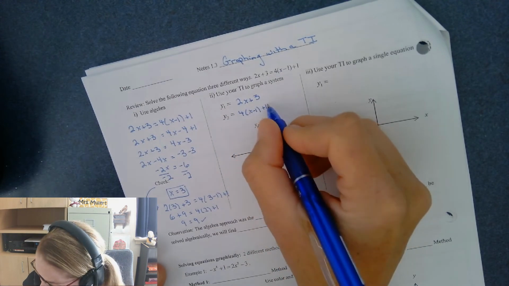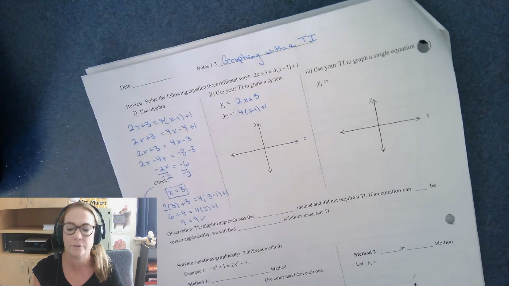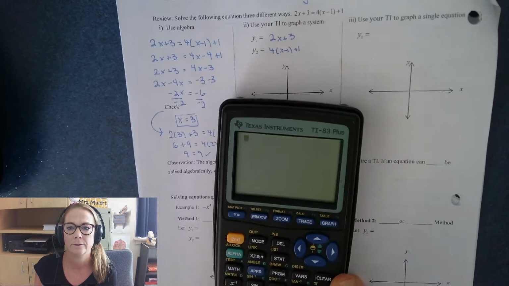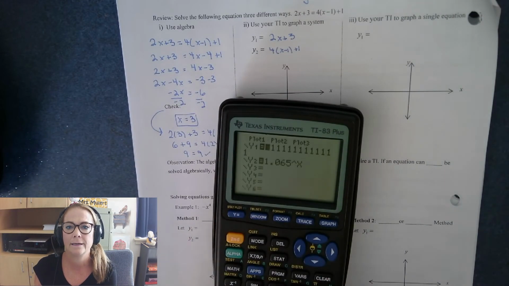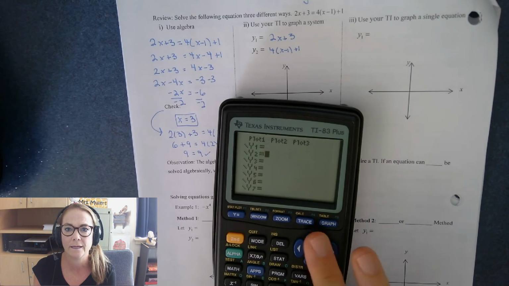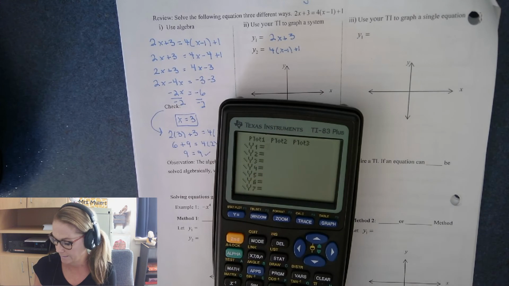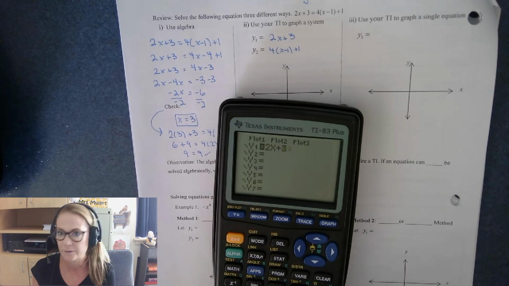And so to graph these with your TI, you're going to go to y equals. I've got some stuff in here from the classes, let's clear that out. So I just hit y equals right here, okay? And there's y1, I'm just going to type in 2x plus 3.